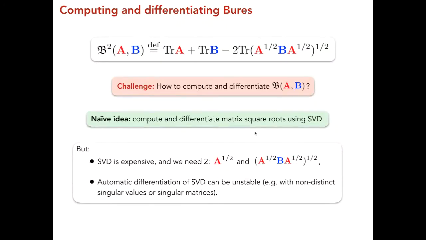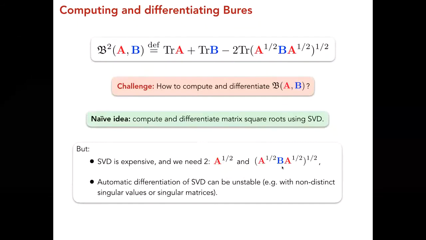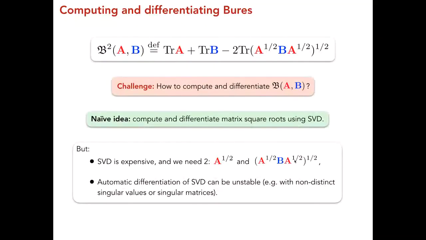The two main being that singular value decomposition is expensive, and we need two of those because we need to compute the square root of A, and then the square root of A times B times the square root of A. And the second drawback is that differentiating through SVD can be quite unstable if we have non-distinct singular values because we have branching effects, or if our matrices are singular, whereas the Bures distance and the Monge maps remain defined in some cases. So maybe we're losing something here.